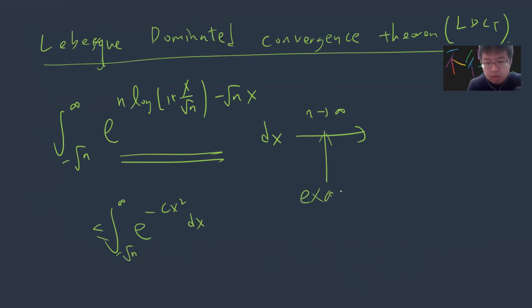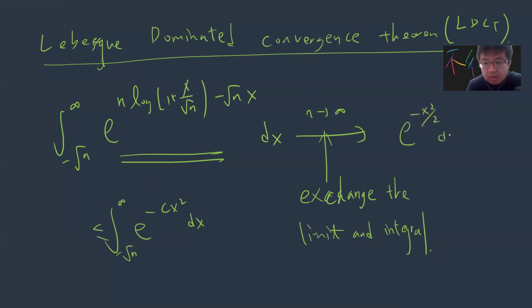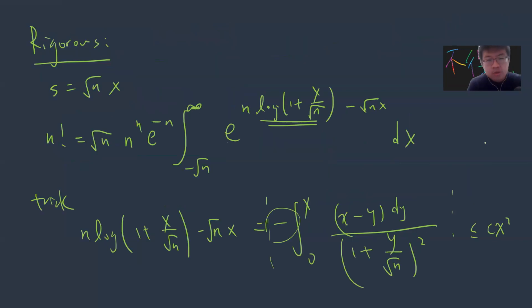So the LDCT tells me that I can exchange the limit and the integral. Okay, n goes to infinity and everyone is happy, right? So this becomes this. This is a standard trick. So square root of 2 pi, and as n goes to infinity, you get the standard bound.